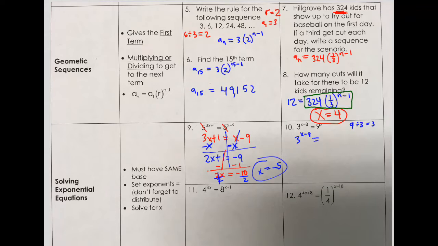Now the 9, on the other hand, we switched that to 3, but we got to figure out how many times we have to multiply 3 by itself to get back to 9. If you don't know how to think that up, you can just start multiplying 3 by itself. So you put in your calculator 3 times 3.